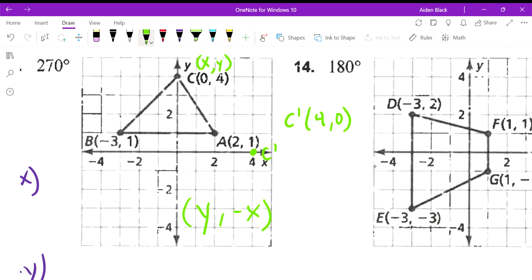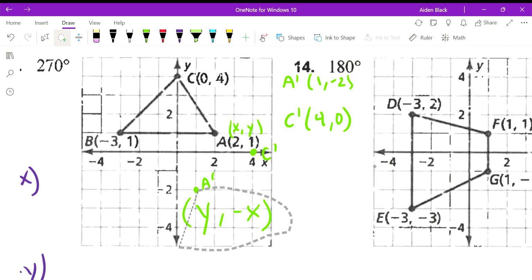And then if we look at A prime, we should be getting our y is 1 and our x is 2, so we'll make it negative 2. Let's get 1, comma, negative 2. There's our A prime.